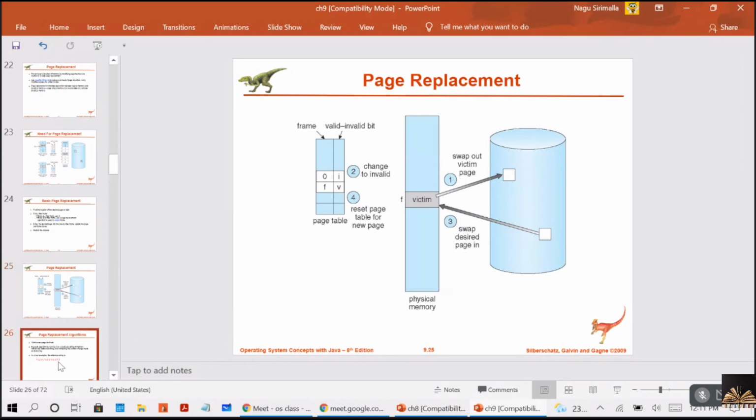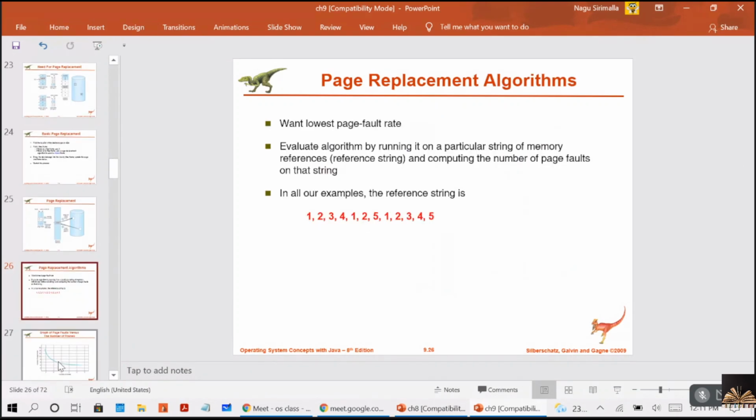Now coming to the page replacement algorithms. You have to design them to reduce the page fault rate. What do you mean by page fault rate? A page fault requires swapping in and swapping out.